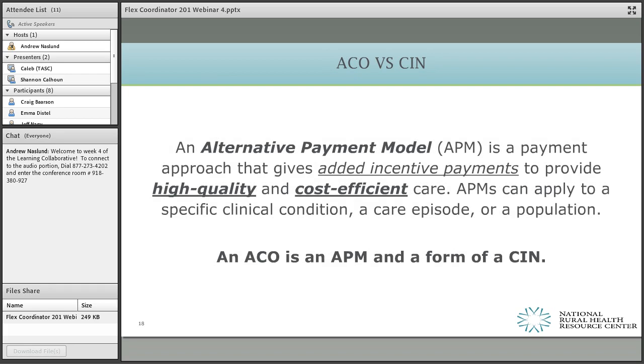I want to touch just briefly on ACOs versus CINs. I said in a couple of slides before, but just to note, an ACO is a type of alternative payment model that gives incentive payments on high quality and cost-efficient care. It is an alternative payment model, and I would say a form of a CIN.